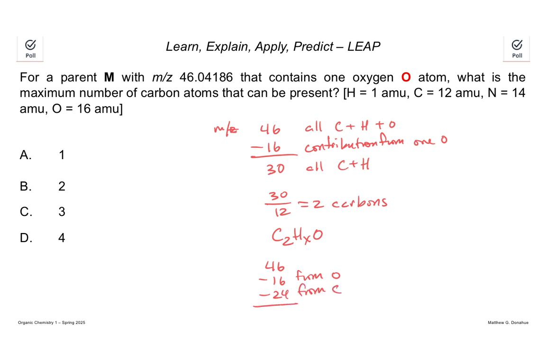That gets us how many remaining? 6. So our answer for this is 2 carbon atoms, but through that logic, we're then able to determine that the stuff remaining has to be hydrogen. So overall, C2H6O.